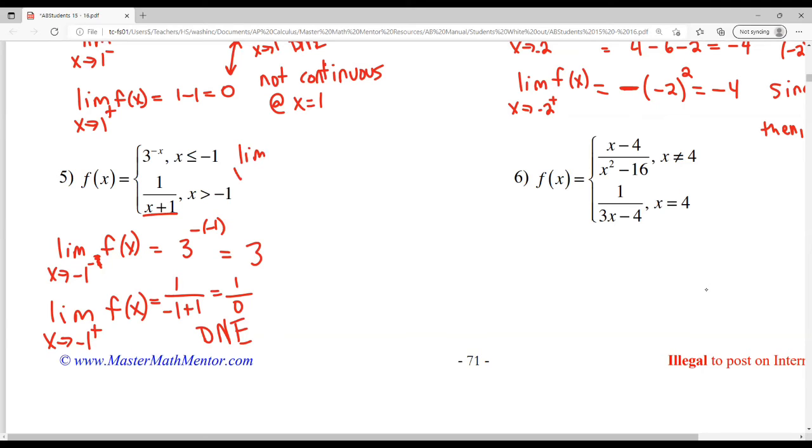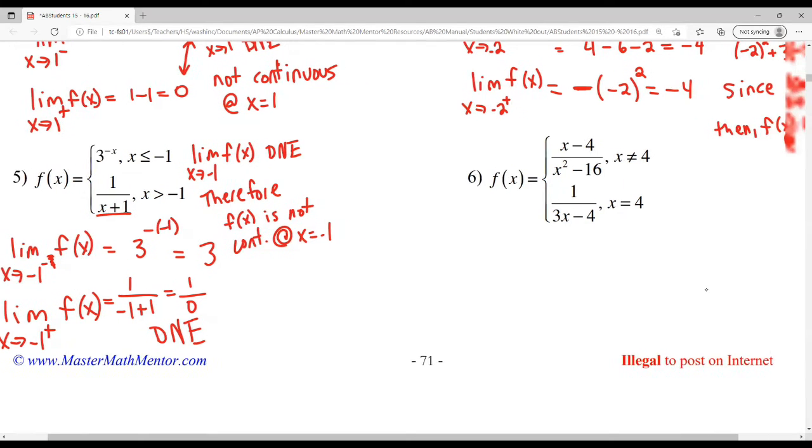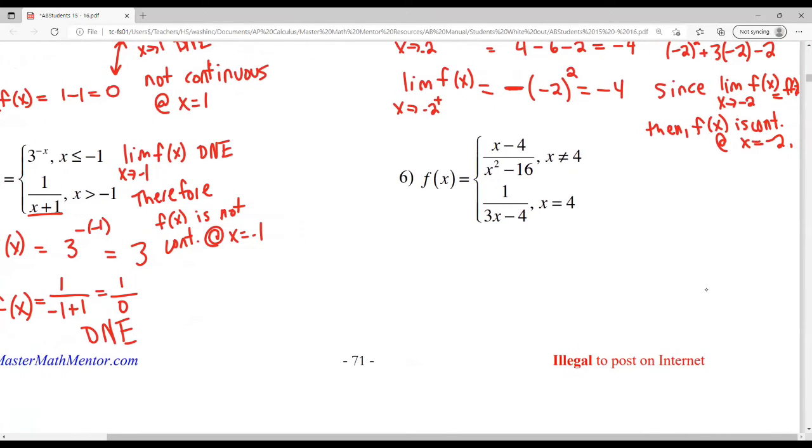So the limit as x approaches negative 1 of f of x does not exist. Therefore, f of x is not continuous at x equals negative 1. All right, let's see if we can knock out number 6.